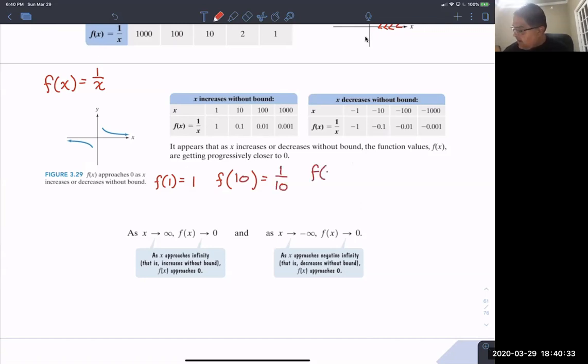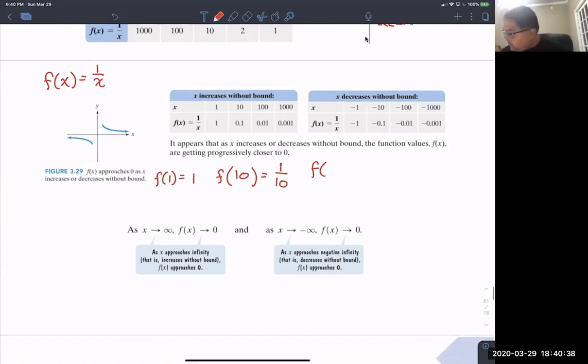When x is 100, f of x, my output, is 1 over 100. When x is 1000 in this function, f of x equals 1 over 1000. So notice, I'm going from 1 to 0.1, which is 1 over 10, to 0.01 to 0.001.